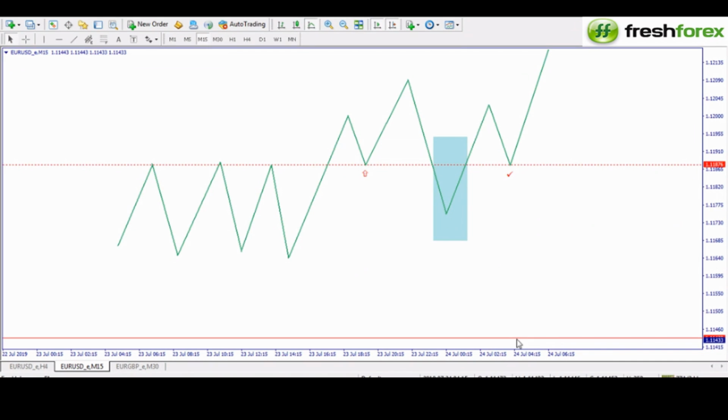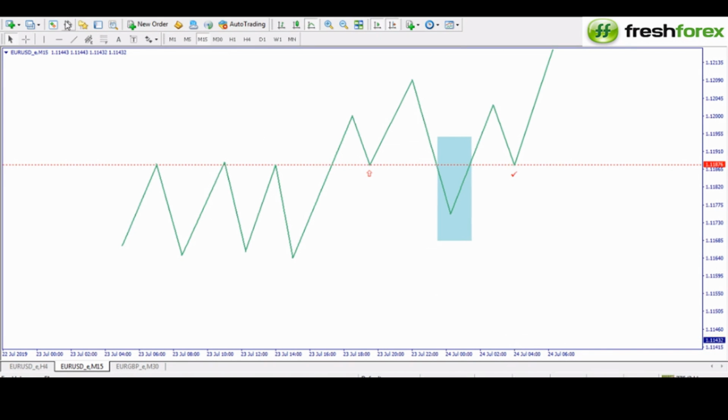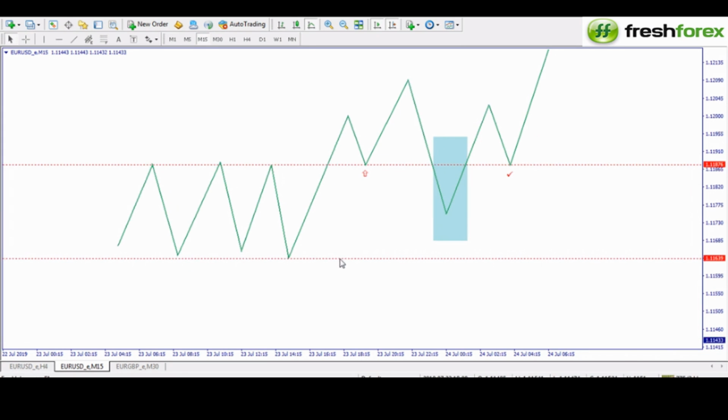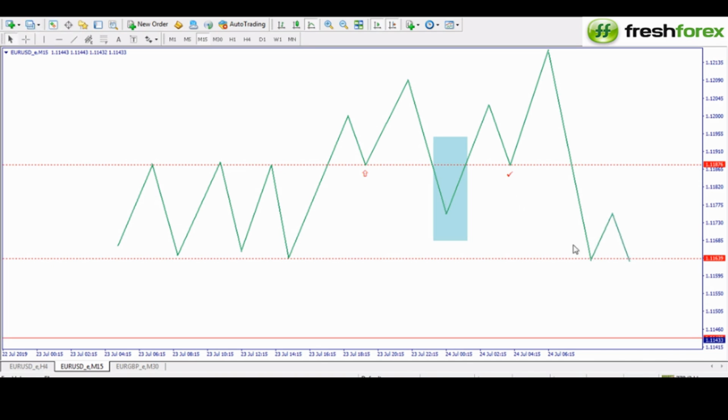If I was to apply the same thing, add a support there, price comes back down, we find this as a good support, then price continues down, uses it as a support.